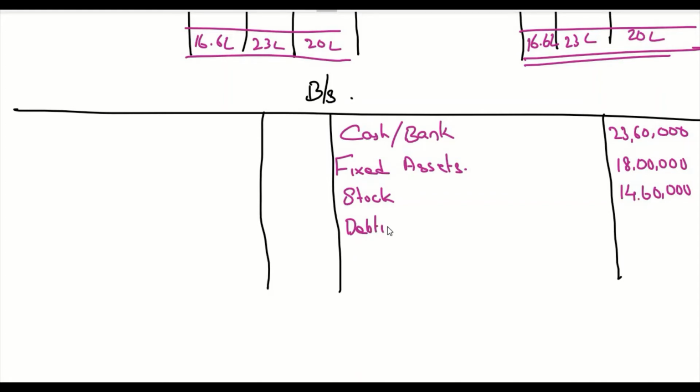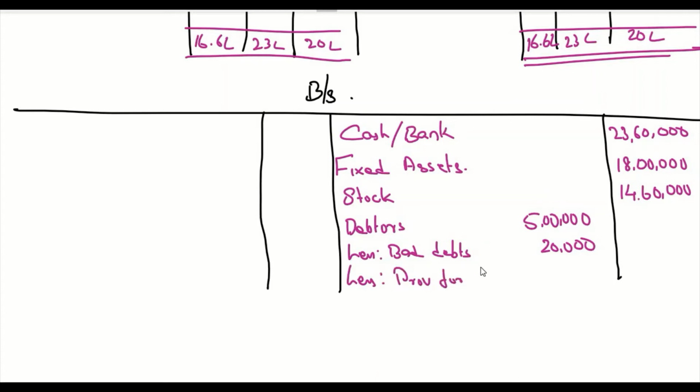Debtors, it is currently 5 lakhs less bad debts 20,000, less provision for doubtful debts 24,000. So after reducing all this, it's going to be 4,56,000.